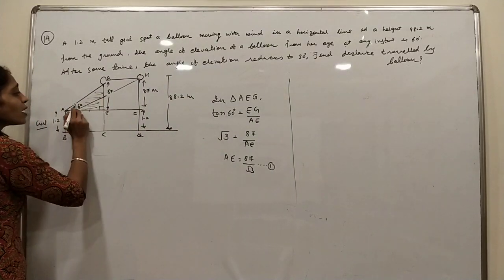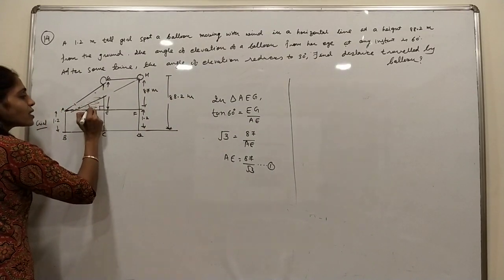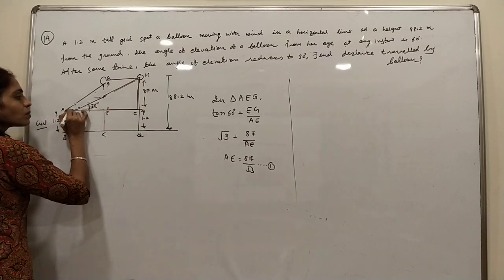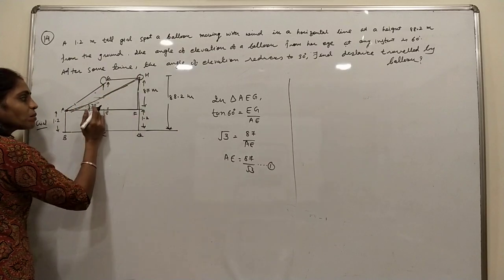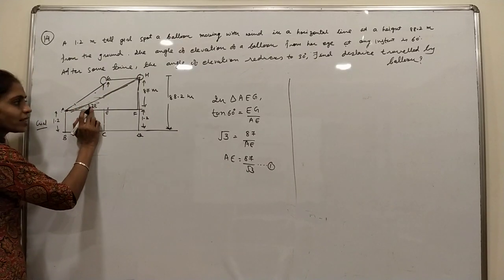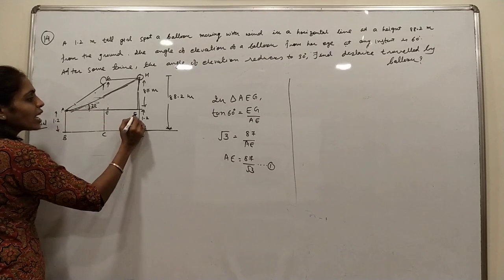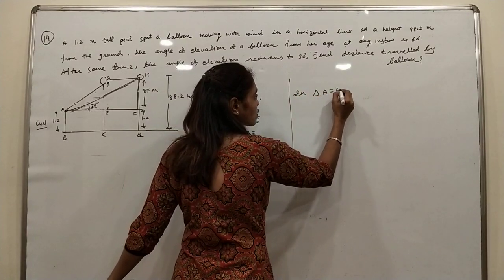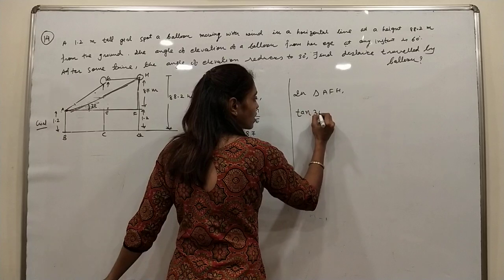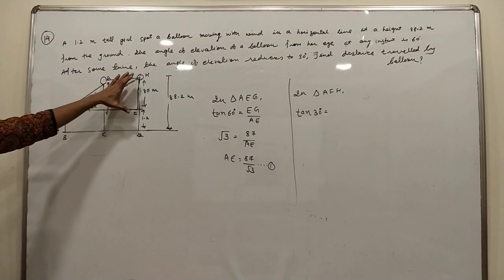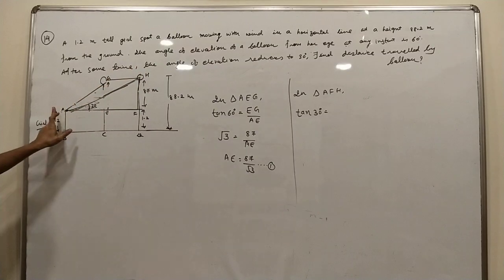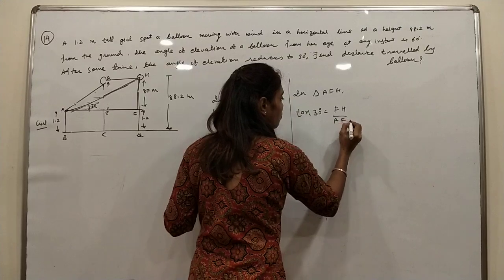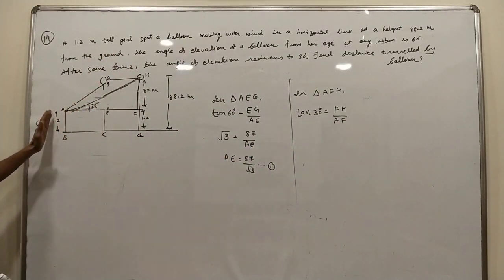Now another angle, this is 30 degree, is given. The angle of elevation after some time reduces to 30 from 60. So in triangle AFH, tan 30 degree is FH upon AF.